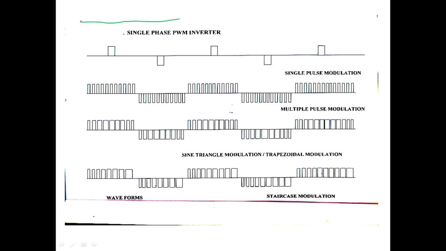So if we have a sinusoidal waveform, right, and if I have the waveforms here like this to compare, this triangular waveform, so here if you have this kind of pattern, wherever you can see here, it will be less in the beginning and again it will be more.